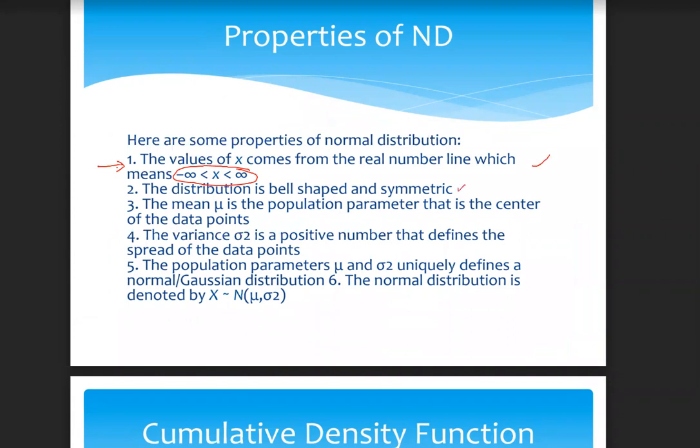Symmetric means if you look at the mean mu and draw a vertical line here, the left side is a mirror image of the right side and vice versa, which is what it means to be symmetric.